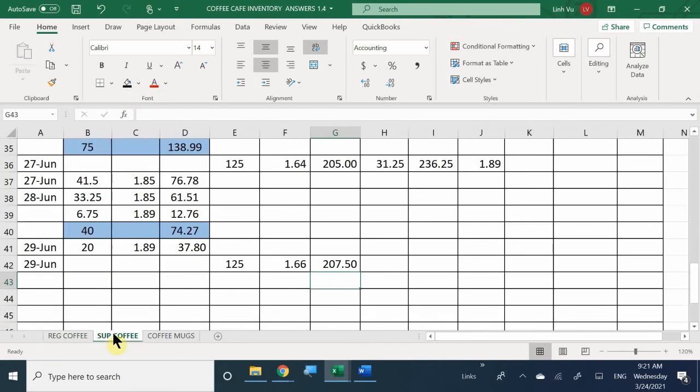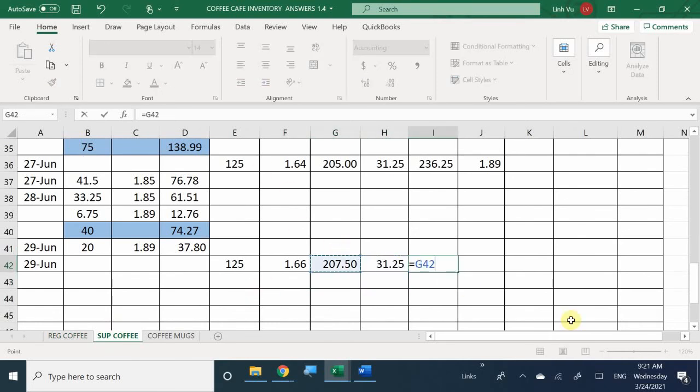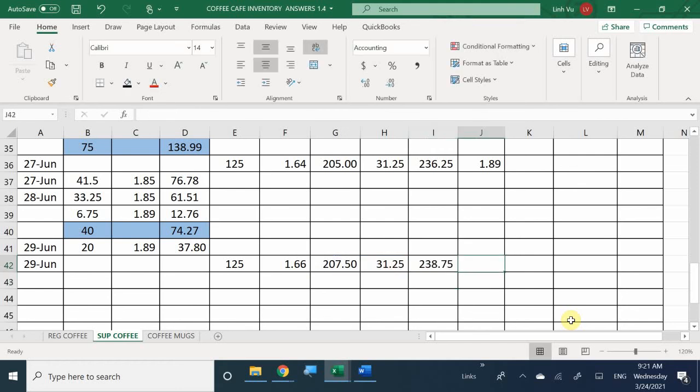All right, then we got to go to Supreme Coffee, add our freight of $31.25. So what is our total cost here? $230.75. Good. So then what is my cost per item going to be? 1.91. Okay.